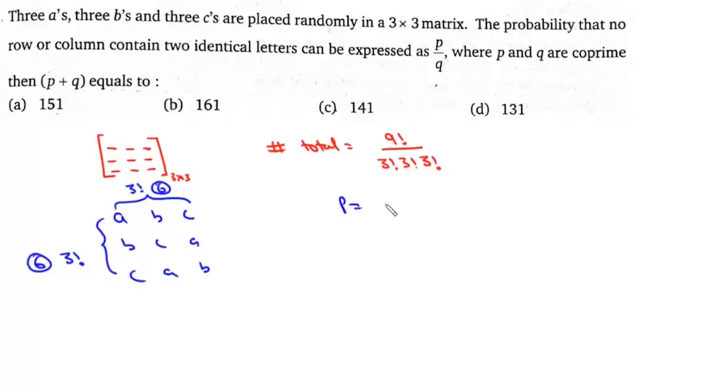So the required probability will be 12 upon factorial 9 by factorial 3, factorial 3, factorial 3. Now this is 9, 8, 7, 6, 5, 4, 3, 2. Now this 6 will cancel. 36 will also cancel.